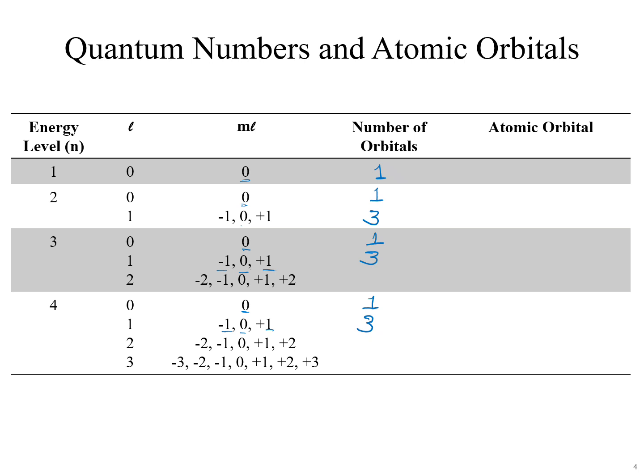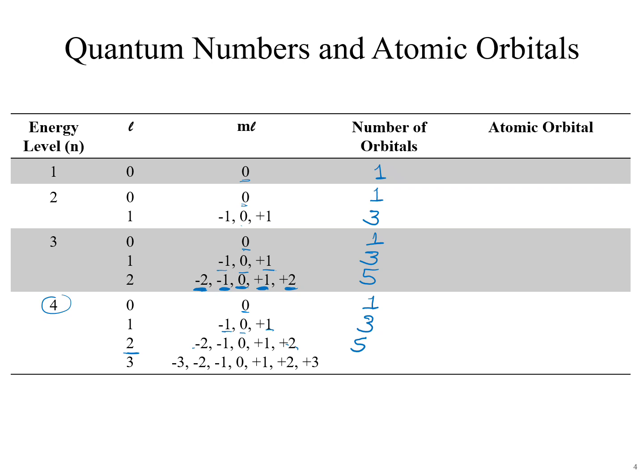So when we're looking at the possible values of m sub L when L is 2, we have actually 5 digits listed, 1, 2, 3, 4, and 5. 5 possible digits means that we have 5 orbitals. Not just on the third energy level, but on the fourth energy level, we have a numerical value of L equals 2, which is going to give you from -2 to +2 as the possible values of m sub L, which is 5 digits, which is 5 orbitals.